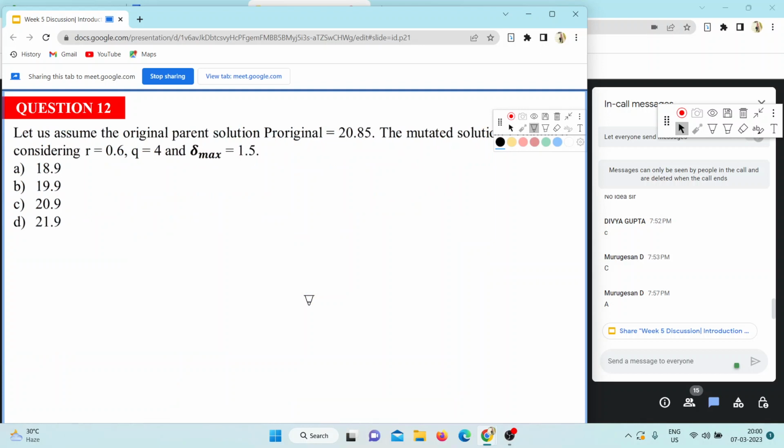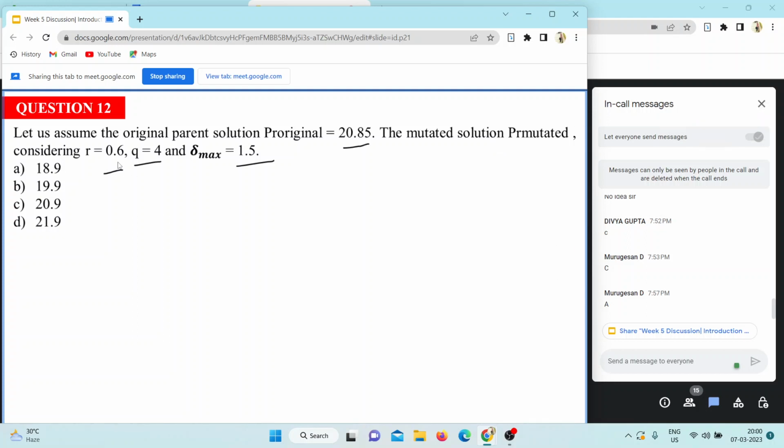So let us assume the original parent is given as 20.85, and we have to find our mutated solution. R is given 0.6, Q is given 4, del is given 1, and del max is given 1.5.